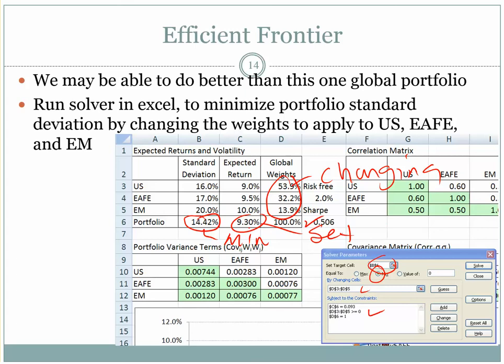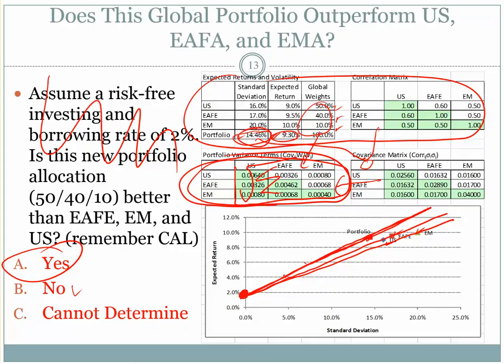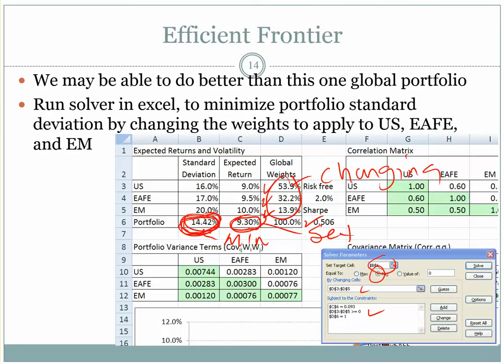When I run solver, what solver will do is it'll randomly select values of the three weights until it finds a global minimum. And it did. It found a portfolio that has the same mean as 50-40-10, but a little bit lower risk. Right? The last one was 14.46. This one is 14.42. So you can see this is clearly a better portfolio, and it would dominate the 50-40-10.